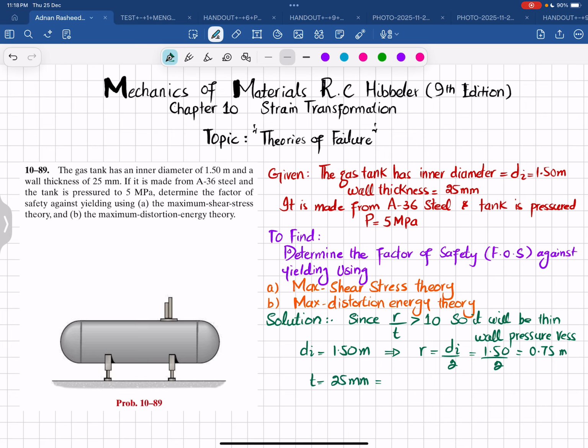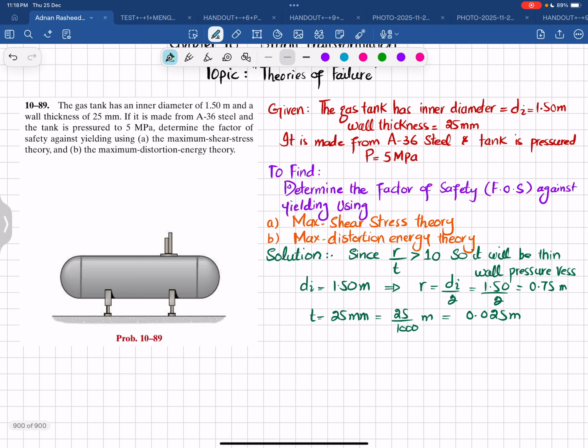So 25 millimeter is actually 25 divided by 1000 meter, and that will be equal to 0.025 meter.